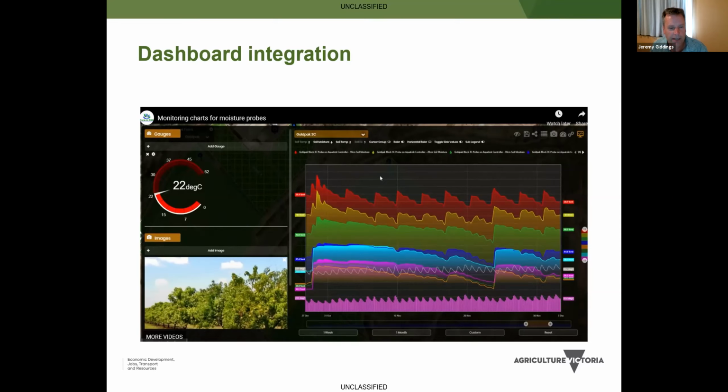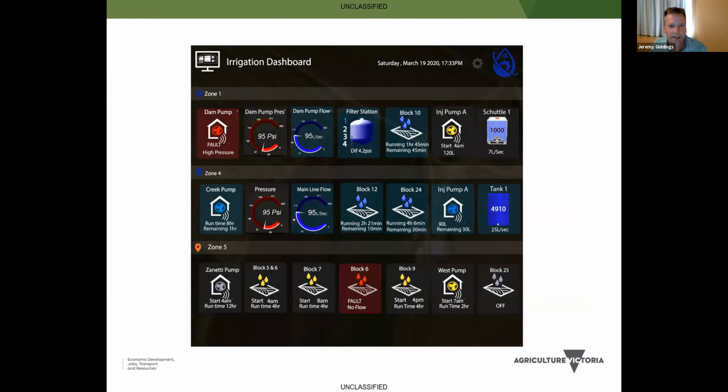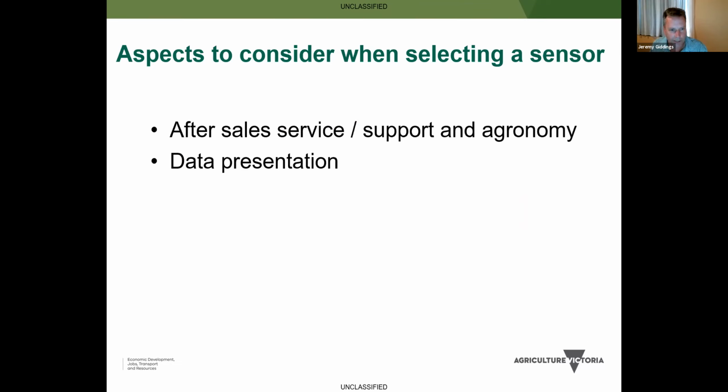There's companies around now that can start to integrate that software and make irrigation decisions much easier by having that sort of data. And this is not a great one to show, but there's others around that not only integrate what you might be doing for irrigation, but also some of your hardware as well. So data presentation is important.